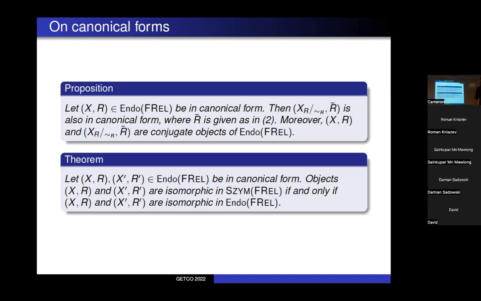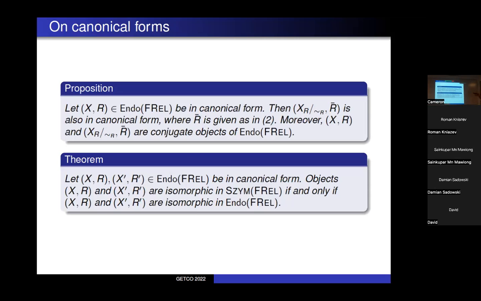If we have an object in canonical form, and if we take the quotient, we get again a canonical form, but those two canonical forms are conjugate in endomorphism category. So it looks like we can right now just restrict ourselves to considering canonical forms, and that's okay for Szymczak category.